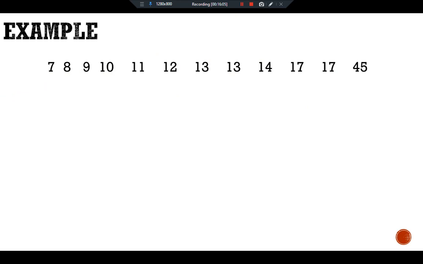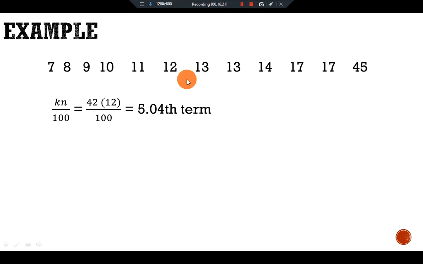Here we have to find the 42nd percentile. For finding the 42nd percentile, we use k times n divided by 100, where k is 42, so 42 into 12, since the total number of observations is 12, divided by 100. We get the answer 5.04th term.